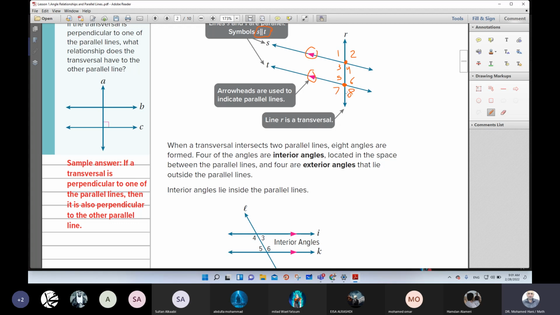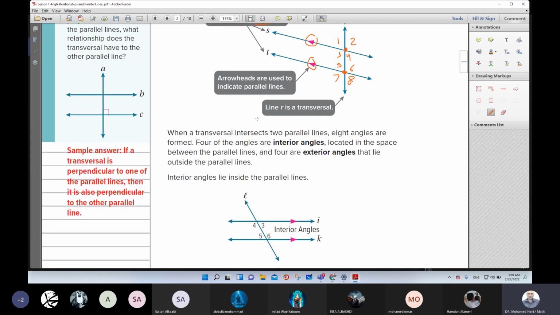We have 8 angles. 4 of the angles are interior angles located in the space between the parallel lines, like 3 and 4 and 5 and 6.